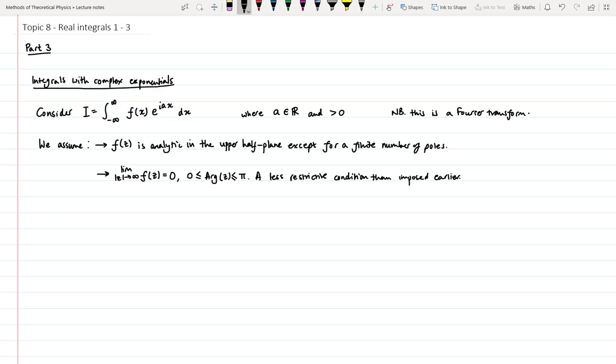We're going to be interested in a contour integral, and as before we're going to use a semicircular contour. Let me draw a picture.